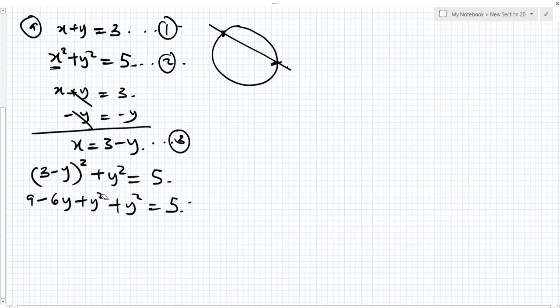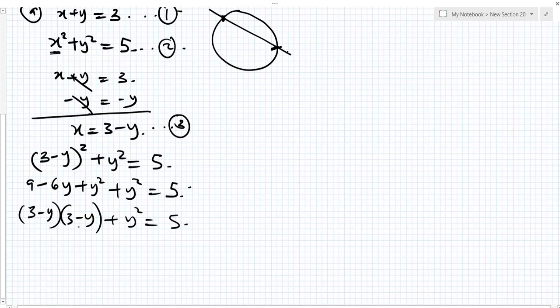Sorry, let me show how I expanded this to that. So you have 3 minus y squared. So it's just something as saying 3 minus y times 3 minus y. Now if you expand this, it's 3 into 3 minus y, this times this, which is this one, then this times minus y, which is this.